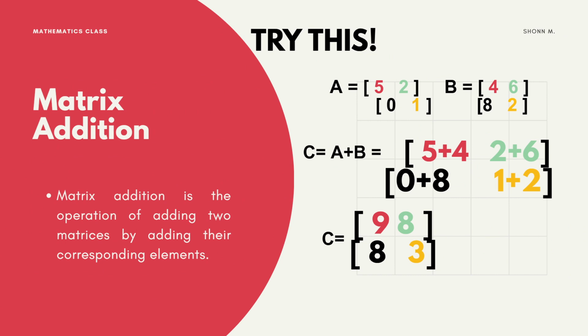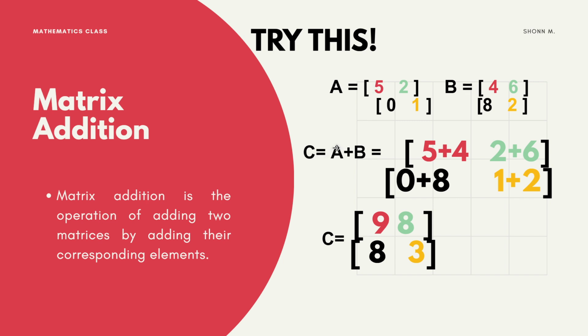So the answer for that is, again, we have to add the element of A to the corresponding element of the other matrix.